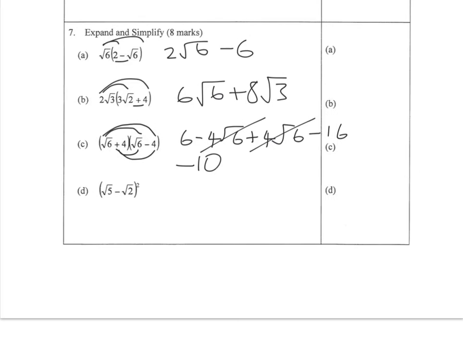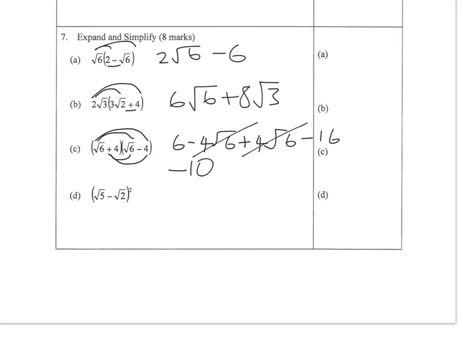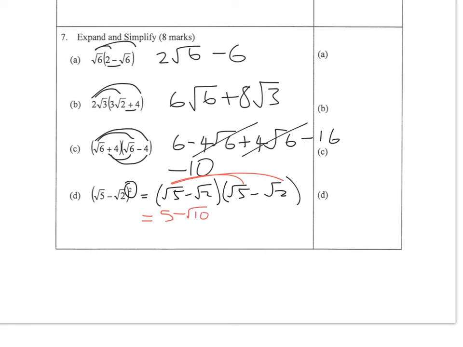Okay, so when we square, let's write the brackets again. So we use double rainbows. Root 5 times root 5 is 5. Root 5 times negative root 2 is negative root 10.